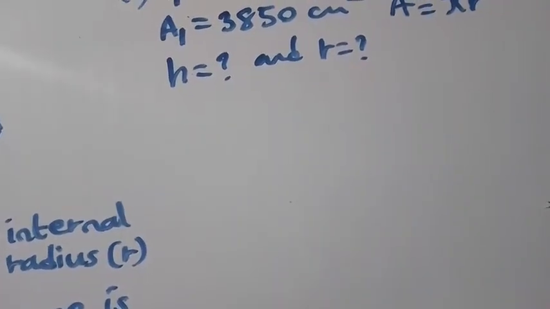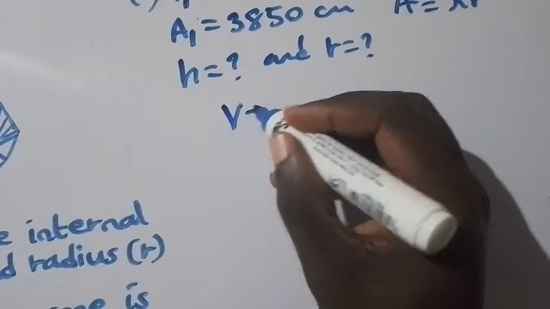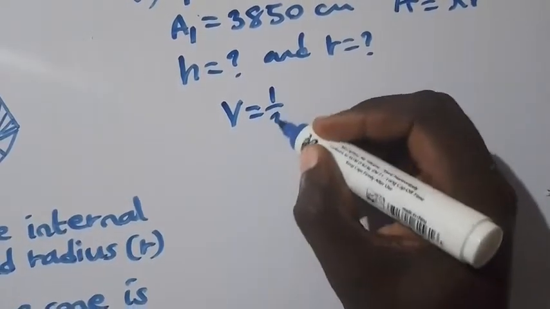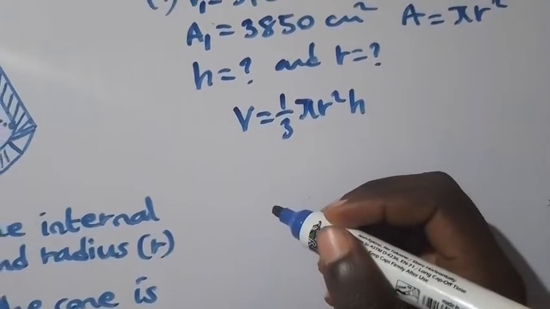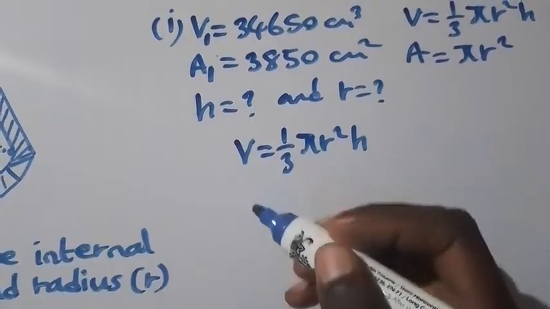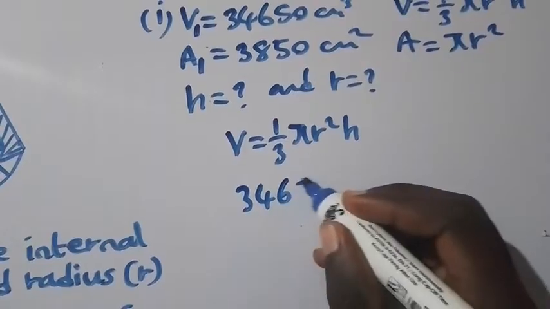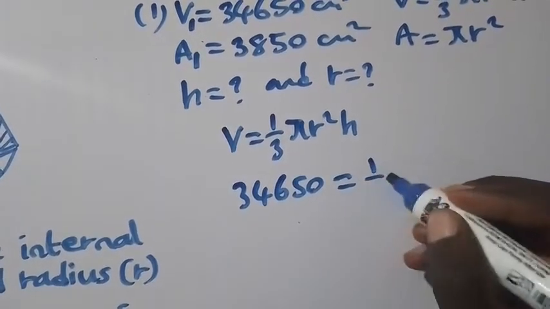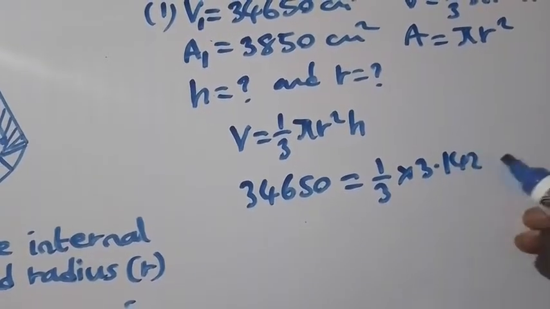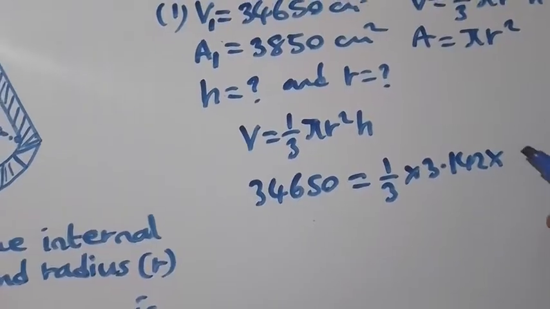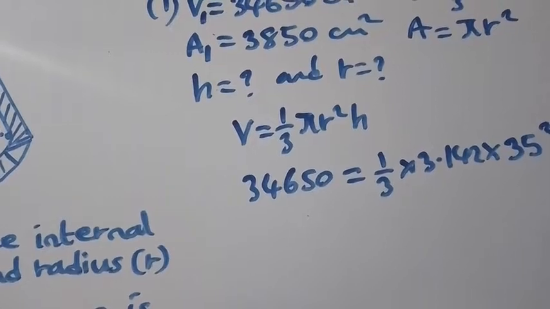So now let's calculate the value of h since we have the value of r. So volume equal to 1/3 pi r squared h. So now where there is v, we are going to replace 34,650 equal to 1/3 times pi 3.142 times radius, which is 35 squared, times height.